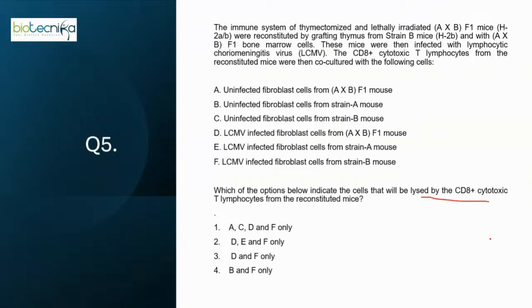So this is talking about the CD8 T cell target recognition, right? Your CD8 T cells recognize and kill the virus infected cells, which are presented by your viral peptides on MHC class 1 molecule.